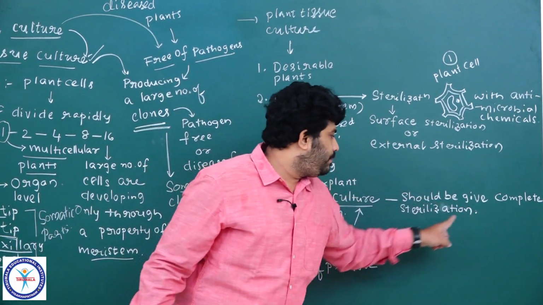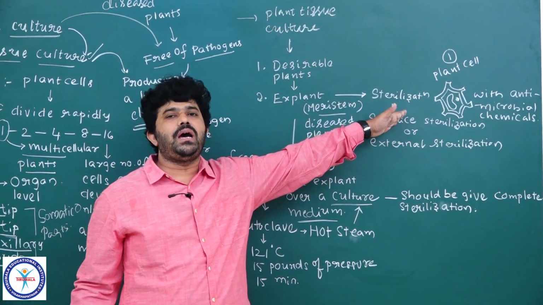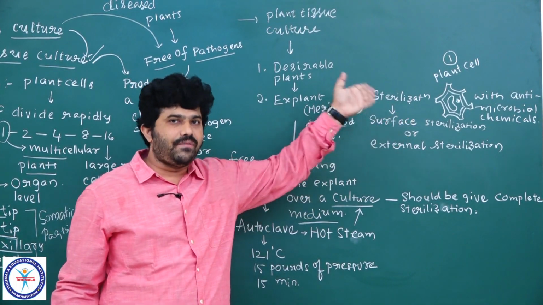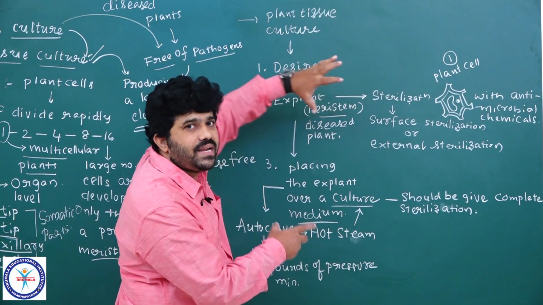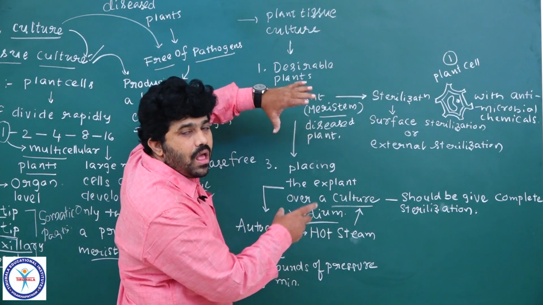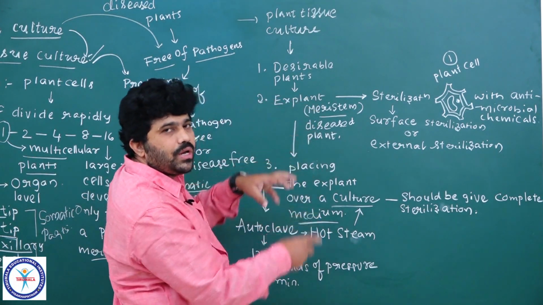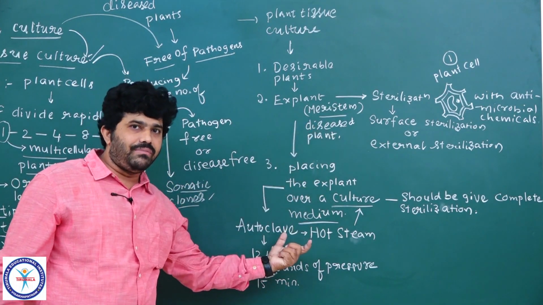That is what we call complete sterilization, and the explant also comes from external or surface sterilization. The containers we have taken should all be properly sterilized. Only after that do we place the explant.